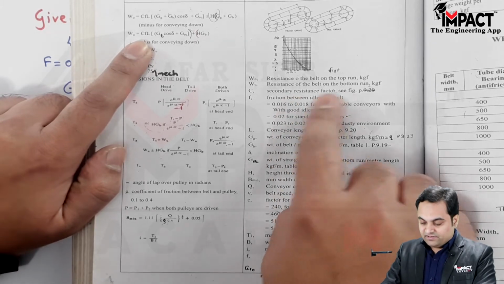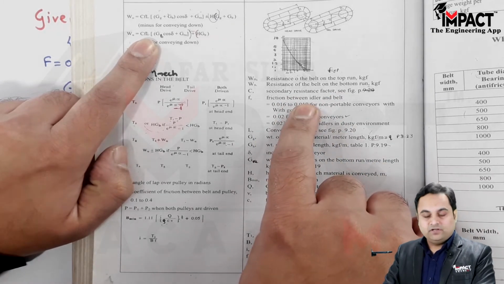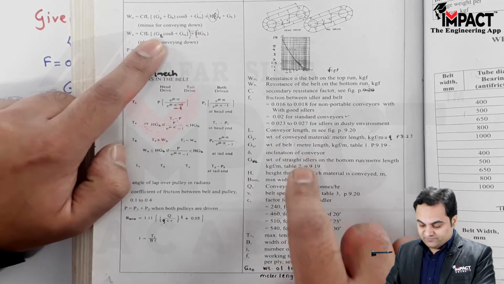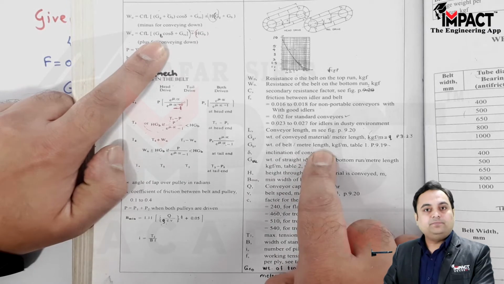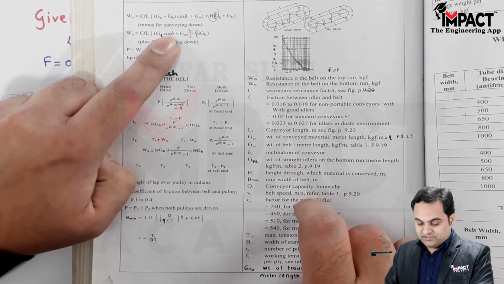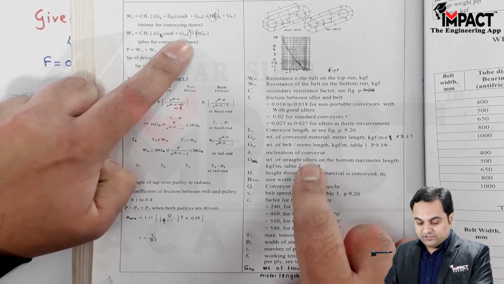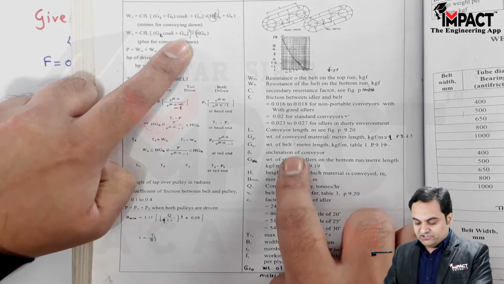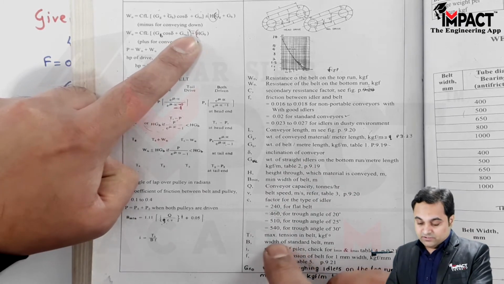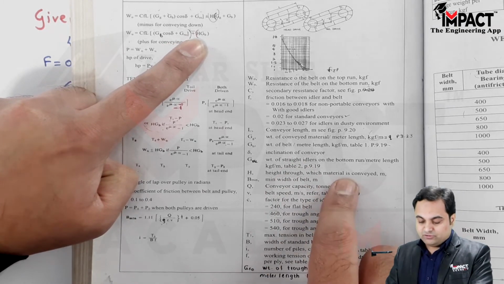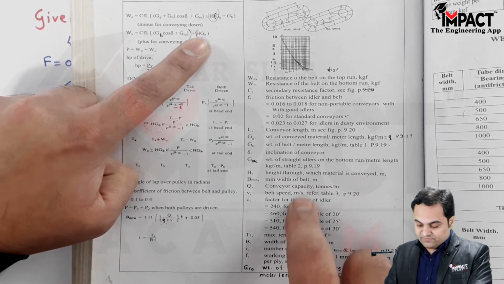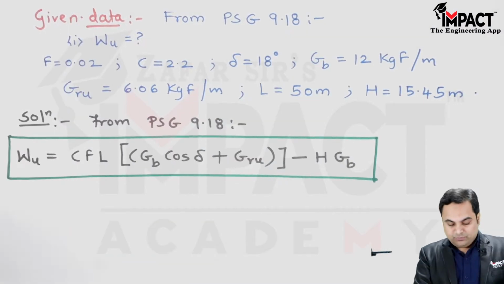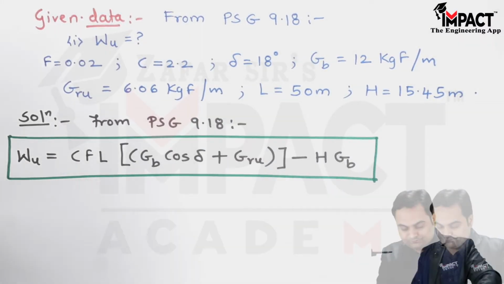That is, C is the secondary resistance factor, f is the friction between idler and the belt, L is the conveying length in meter, G suffix B is the weight of the belt per meter length given in the problem, delta is the inclination of the conveyor, G suffix RU is the weight of the straight idlers, because on the bottom run we have straight idlers, on the top run we have troughing idlers, minus H is the conveying height through which the material is being conveyed, and then G suffix B, again the weight of the belt per meter length. Now when we know all the values, we can put them in this formula.